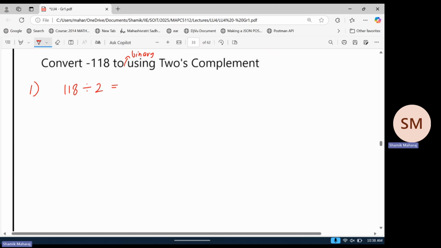Let's just double check because I don't trust myself. 59, no remainder, so it's 59 remainder 0. I'm going to just do this quietly because everyone knows how to do this. You can do it as well if you want to, or you can just watch what I do.